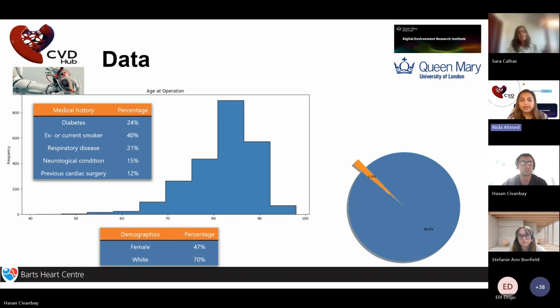And then could we click next, please? Yeah. So we used SMOTE to oversample our event group because the incidence of stroke, as is expected, was low. The actual number was only 46. Okay, next slide, please.